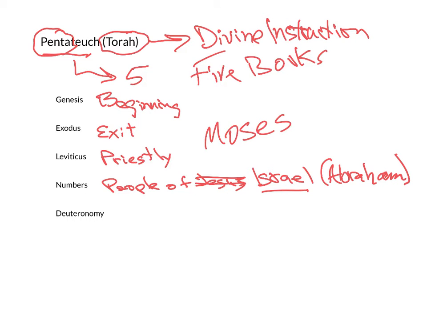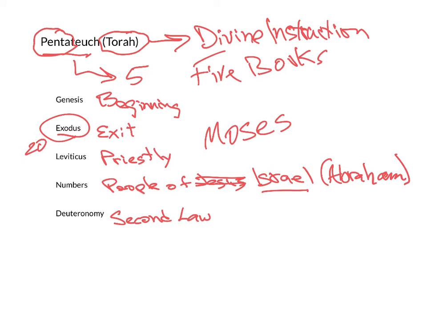Deuteronomy, quite literally again, comes from the Greek, which means the second law. And not that there is a second, as in different law, but it's the second, the repetition of the law, the elaboration of the law. In the book of Exodus, in chapter 20, you have the Ten Commandments.